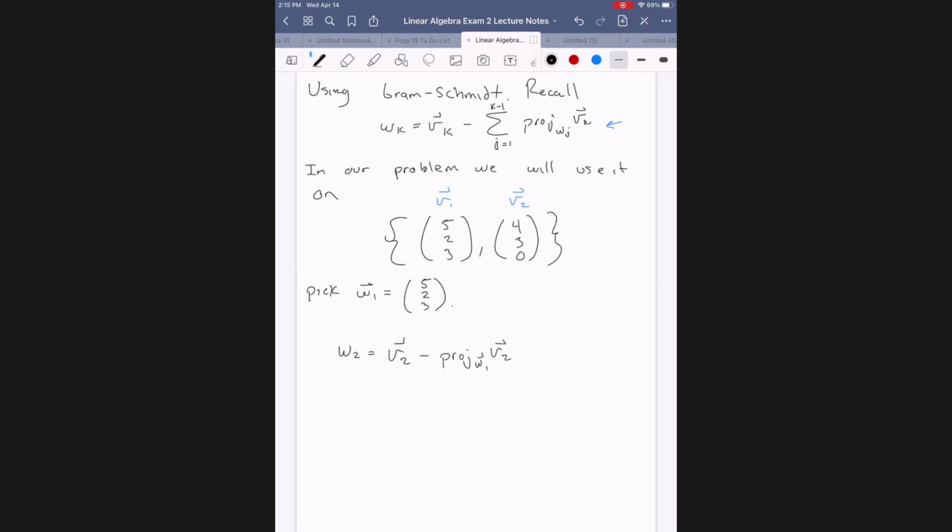And what is this going to equal? Well, it's going to be 4, 3, 0 minus, does anybody remember what the projection is?